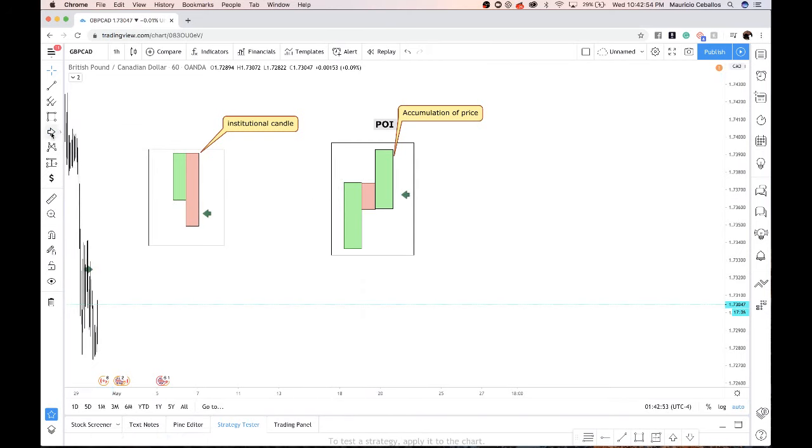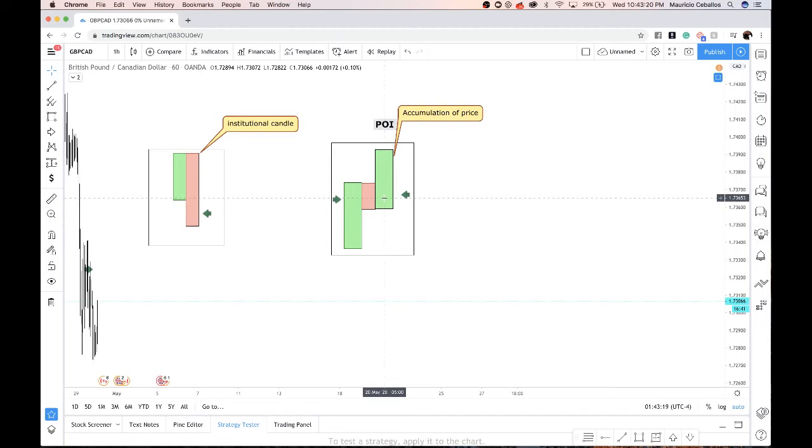Within this whole middle region right here, what do you think is happening? There's a lot of price movement. Market going up, down, up, down. So it's accumulating price. It's accumulating orders, therefore it's accumulating money.